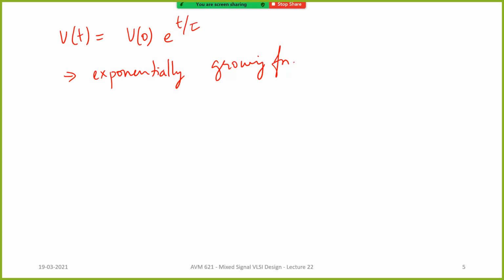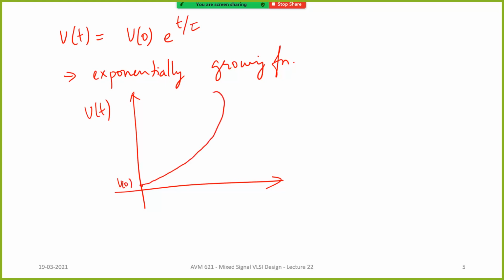Let's say our V of 0 is this small 60 microvolt. Now if you wait for some amount of time, what will happen? If you plot this, V of t, starting from V of 0, it's going to basically go as an exponential function.